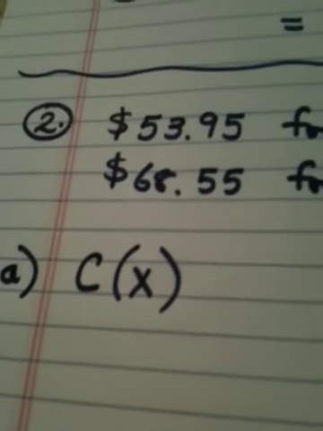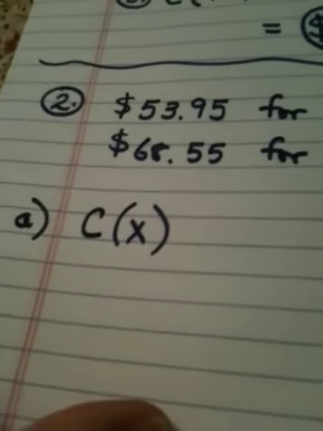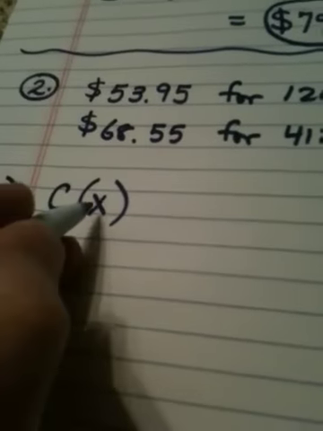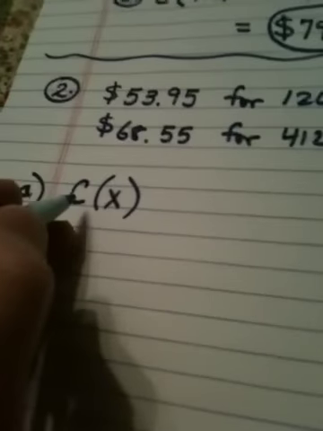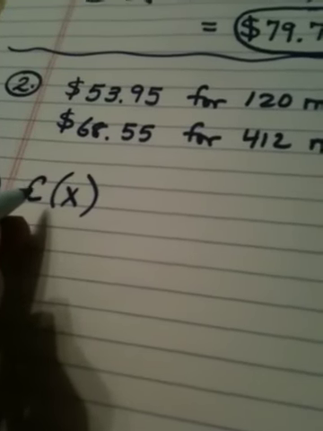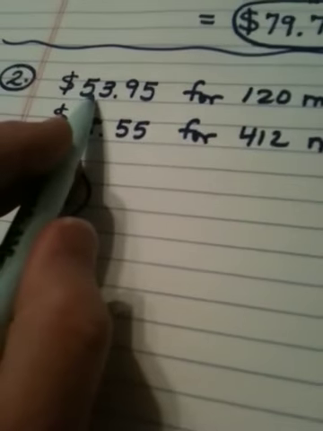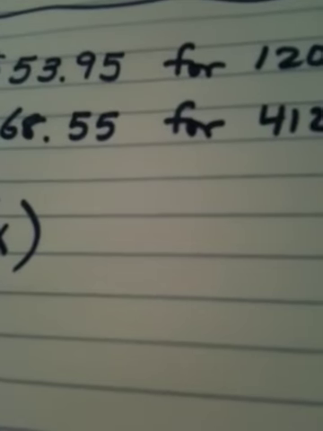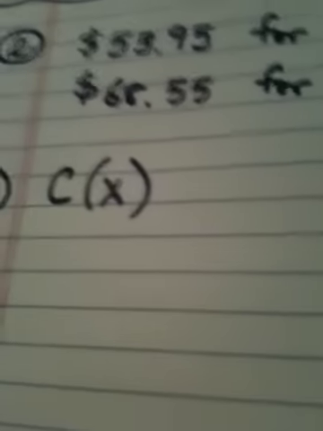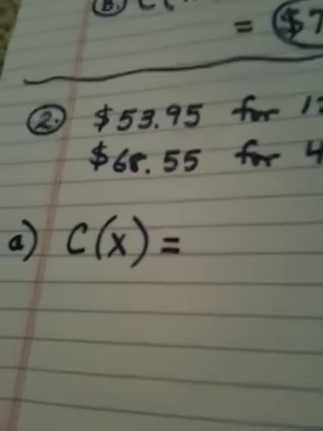Now, C is a function of X. That means X goes in and C comes out. So if I'm looking at an ordered pair here, the input is the number of minutes and the output is the cost. What I want to figure out is what this function is. We do know that it's a linear function.